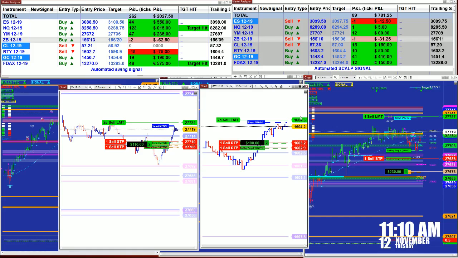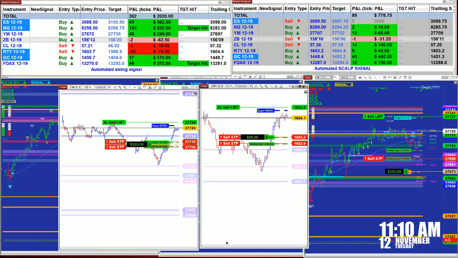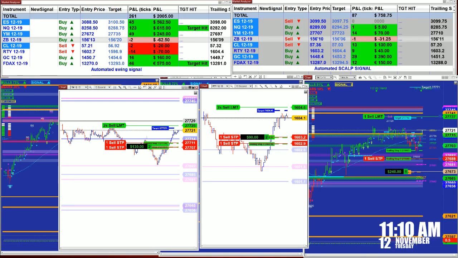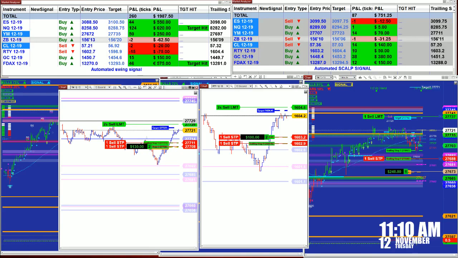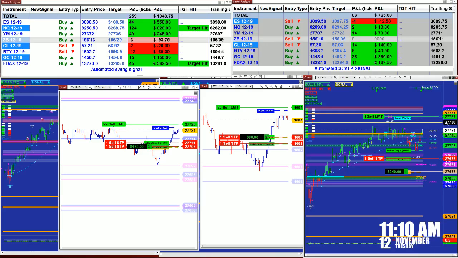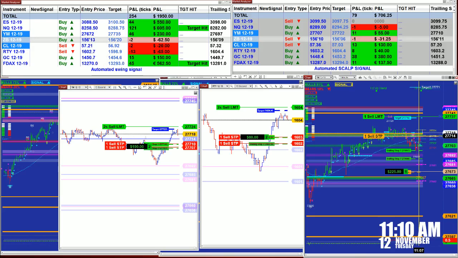Let's see if we can close those. I'm going to close this one as well. It's been on that trade for a very long time. I want to close it.